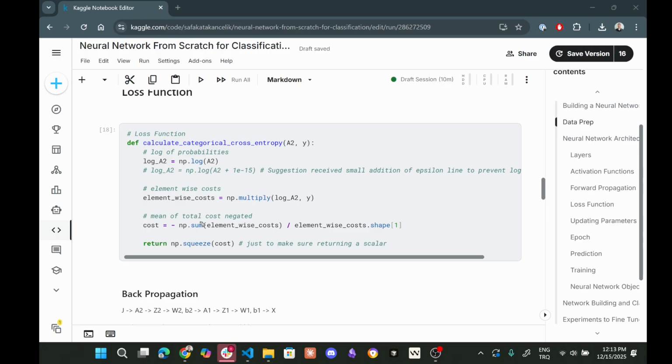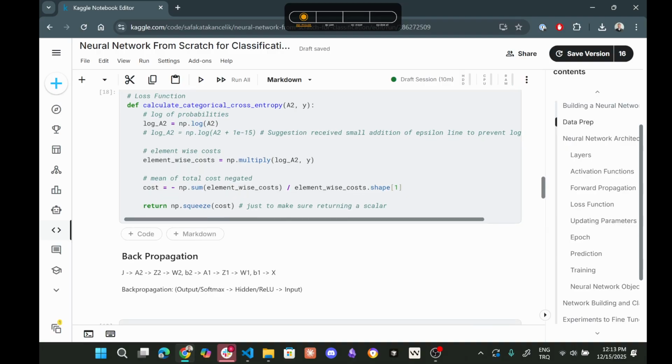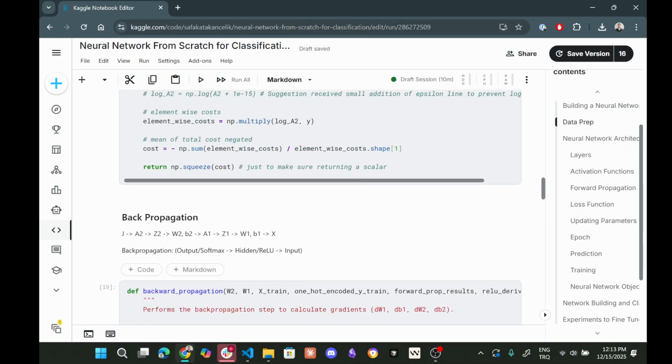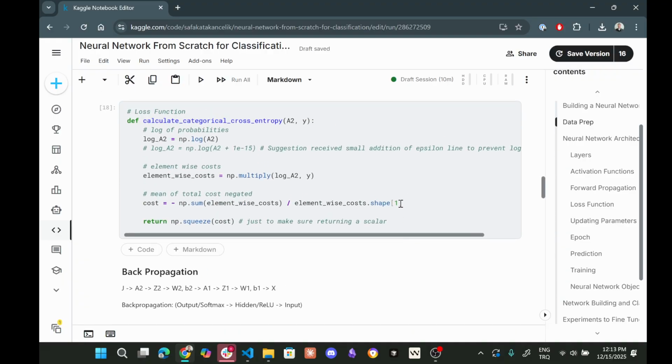And then I take its mean, so it represents the same unit across different loss calculations. So basically we're taking the mean of it.